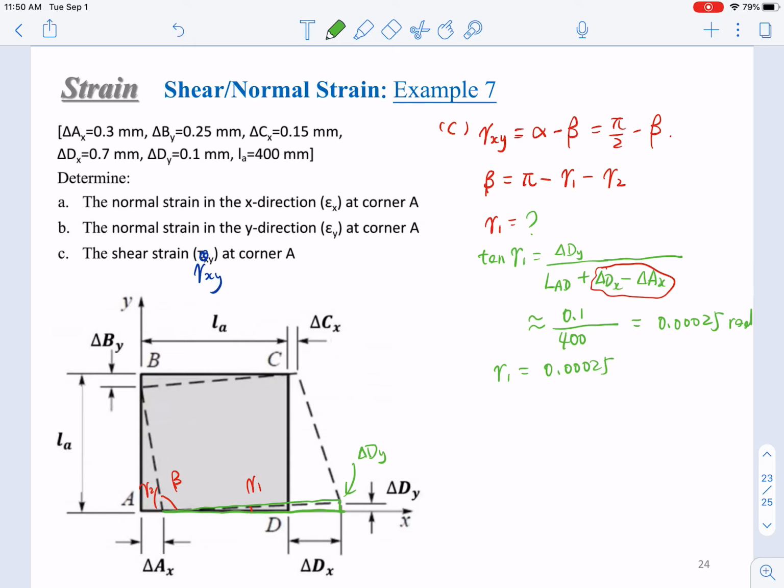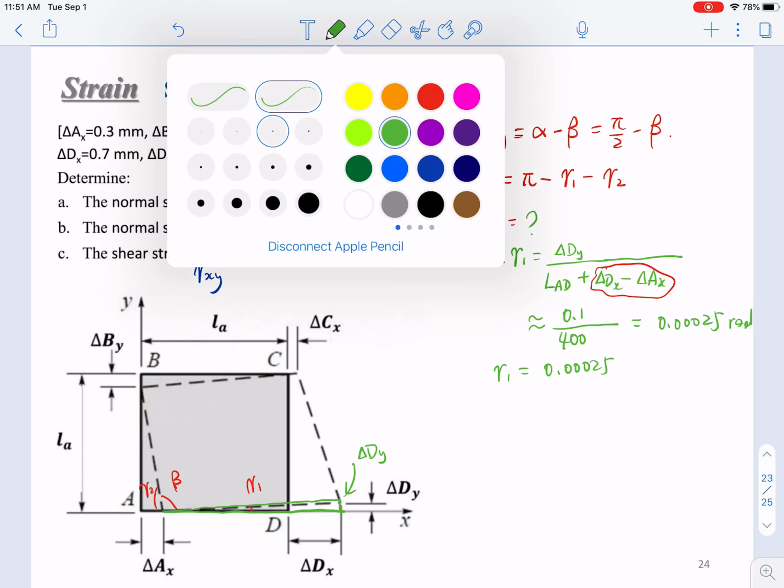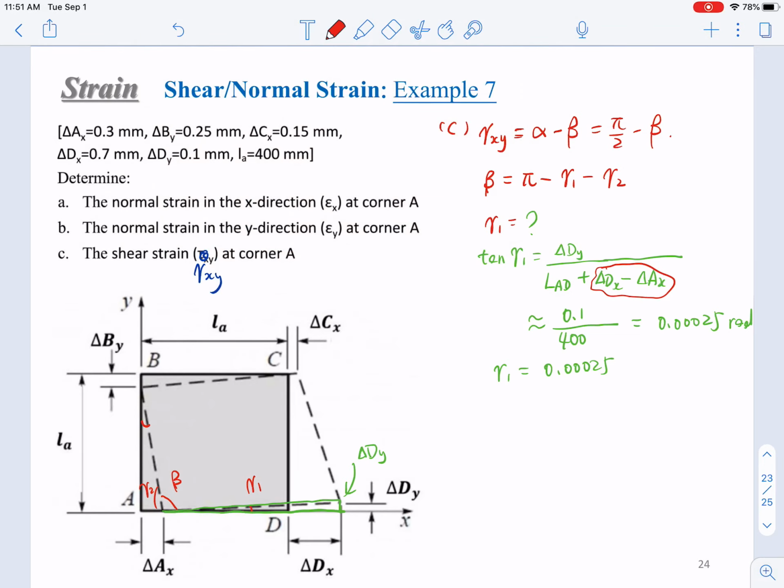Then how about the other one, gamma 2? Gamma 2 is a larger angle, so we do approximations. But here we have another one, let's call this angle gamma 3.